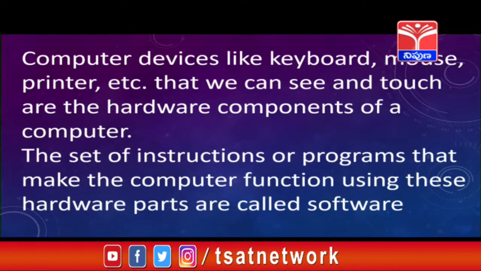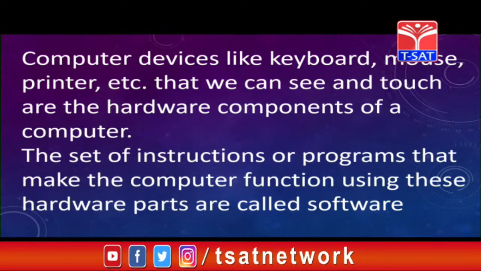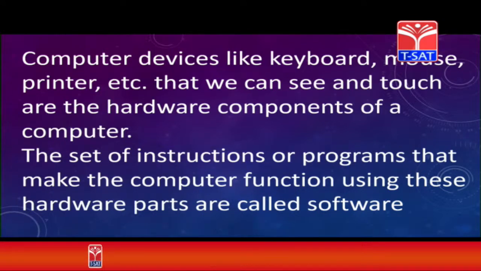These two words are very, very important. One is hardware and the second one is software. The instruments or components used in the computer are simply hardware, and the set of instructions or programs that make the computer function using these hardware components is called software. So that is very, very important.